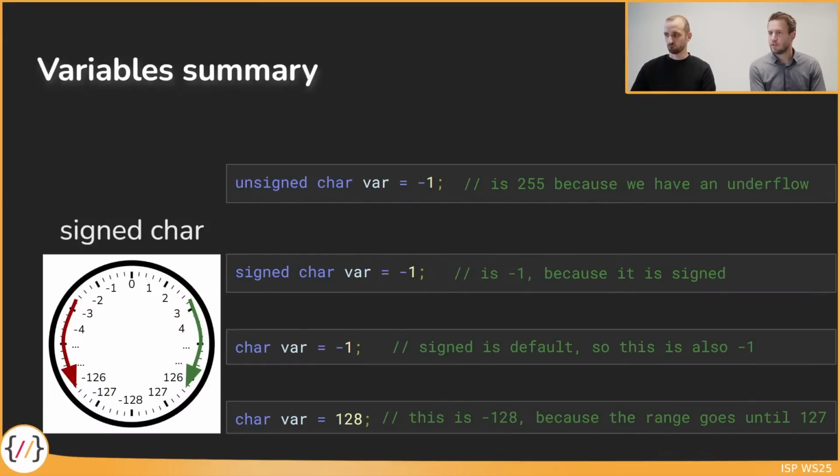So basically we as programmers have to be careful when choosing the data types for our variables, right? We have to think about what data we want to store to avoid such overflows, and we always have to consider what values this variable could have.